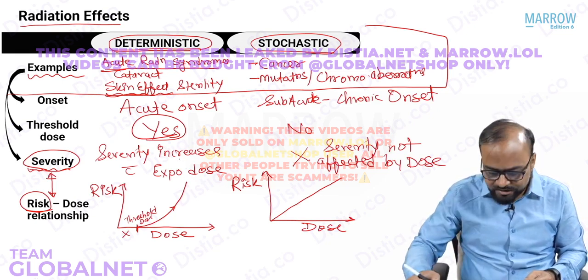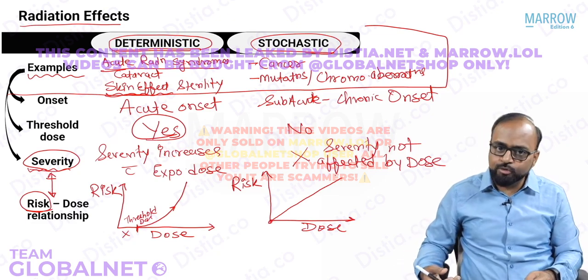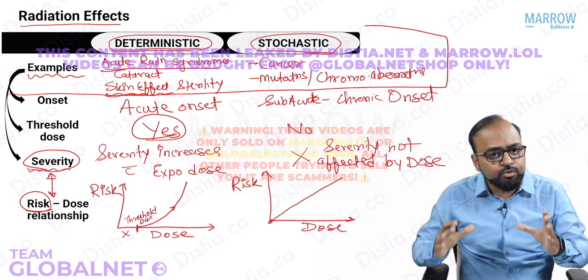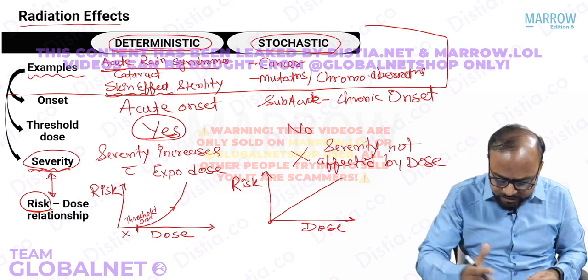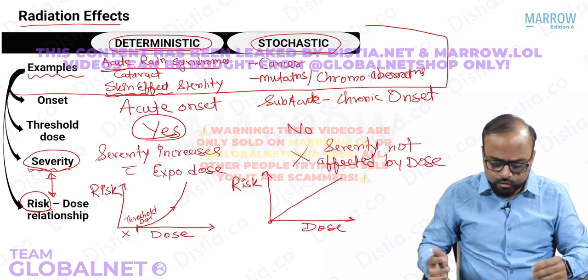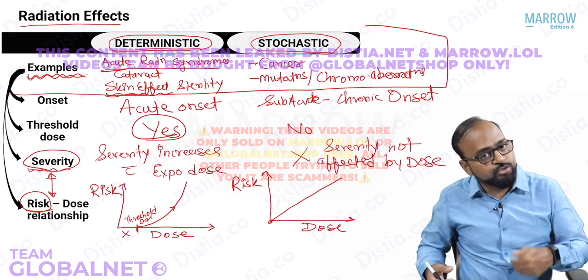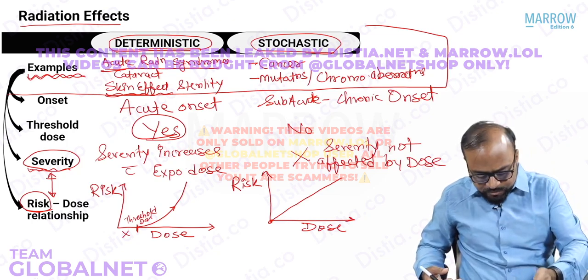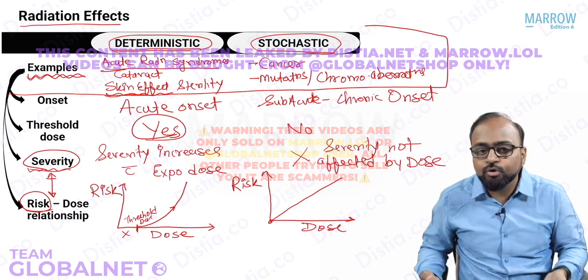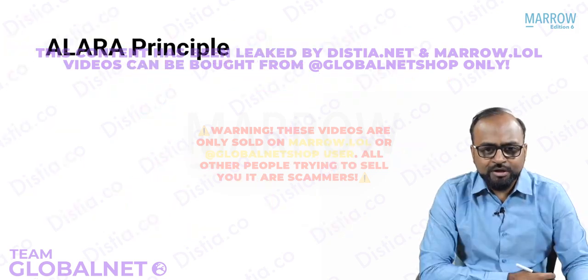But for stochastic effects, it begins at 0 and it is a straight line. Do you get that? So when we try to remember deterministic and stochastic effects, and this was about the risk-dose relationship, all we need to do is just remember the examples. By using those examples, as we have done here, you'll automatically be able to remember their individual properties as well.